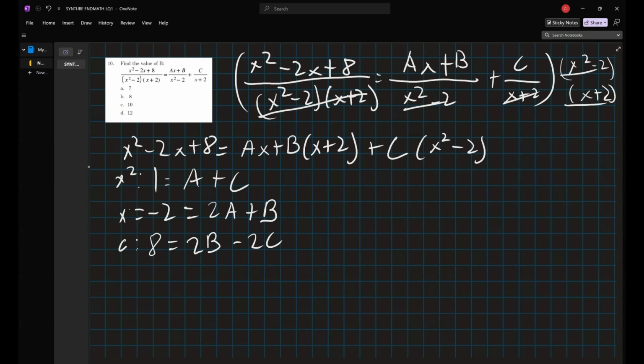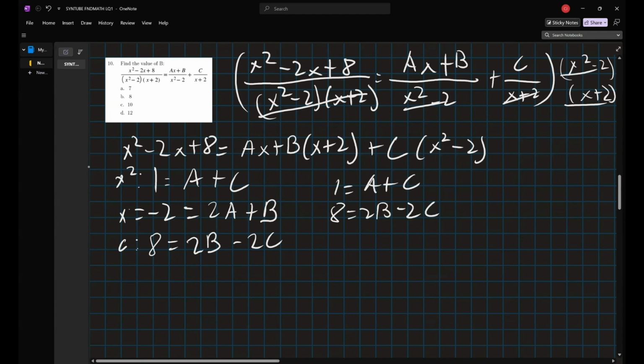So in this case, we can basically use the equations for constant and x squared, right? So how do we do that? Basically we have here 1 equals a plus c, and then 8 equals 2b minus 2c. Now, what we want to eliminate in this equation is c, right?